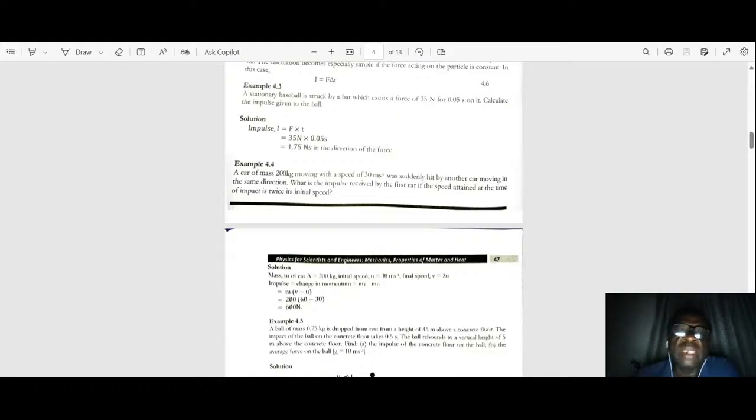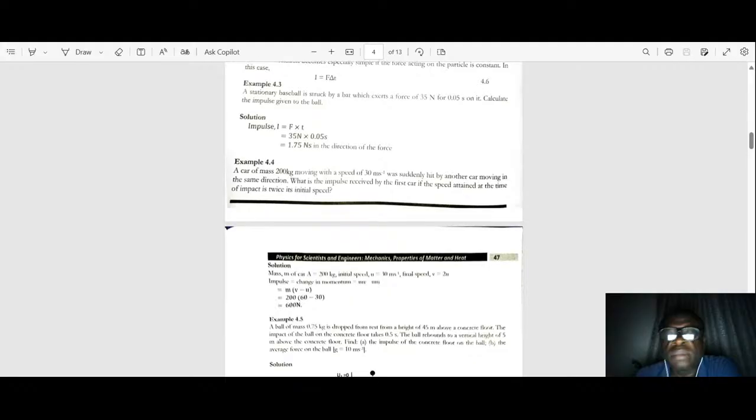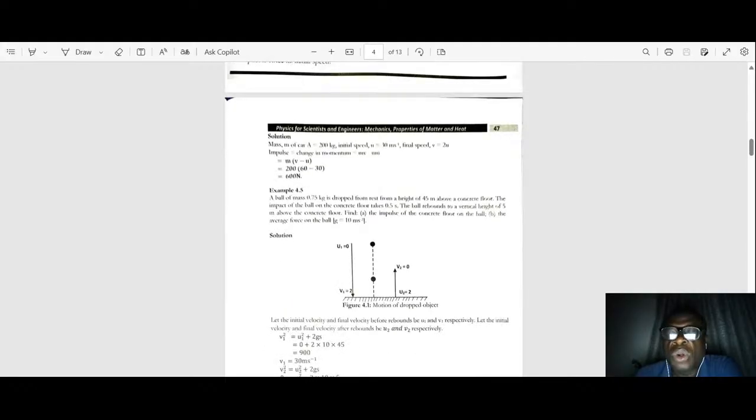Those two cars are moving in the same direction. What is the impulse received by the first car if the speed attained at the time of impact is twice its original speed? So look at the explanation here.